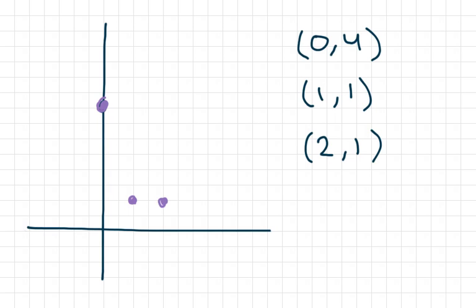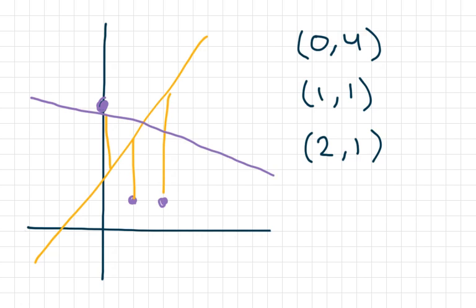What we're doing when we're using the method of least squares is looking for a line of best fit. So we're saying, should we draw a line that looks like this? Does that fit these points, or how far off are they? Or is the line of best fit maybe more like this? How far off are the points?